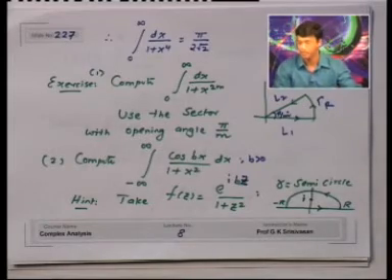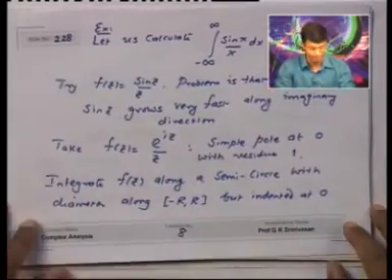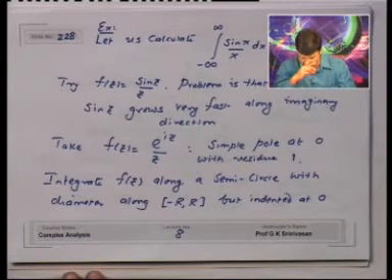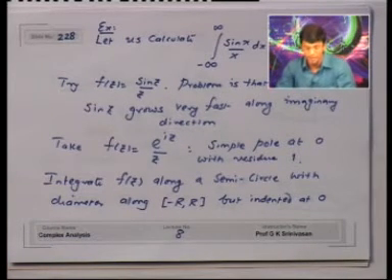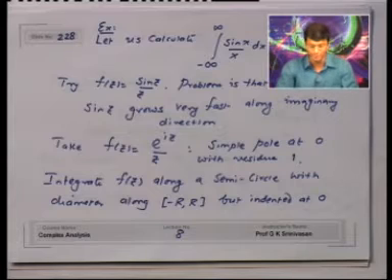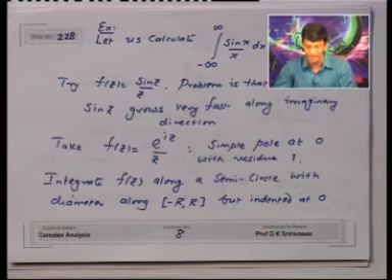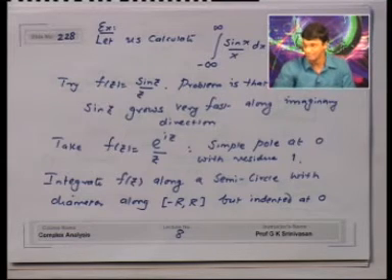Right? Next example. Let us calculate the integral from minus infinity to infinity of sin x upon x dx. Try f of z equal to sin z upon z and you will get stuck. You will get miserably stuck. The problem is that sin z grows very fast along the imaginary direction.